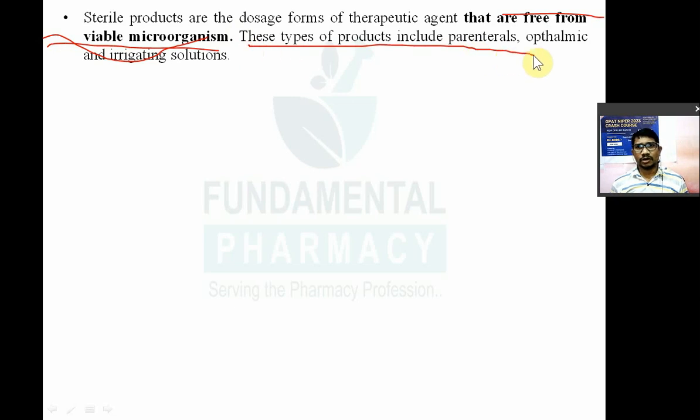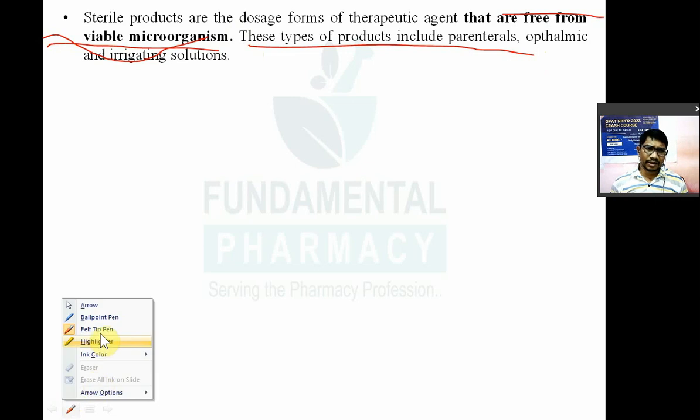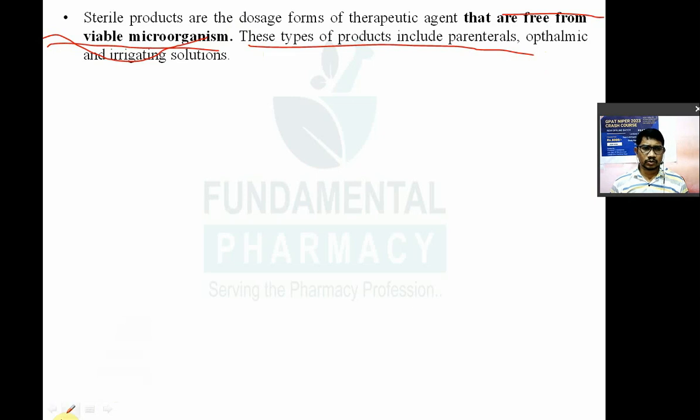These products include parenteral products, ophthalmic products and irrigating solutions. ठीक है, तो स्टेराइल प्रोडक्ट में आपका पेरेंटल प्रोडक्ट आता है, पेरेंटल मतलब इंजेक्टेबल्स, फिर ऑप्थैल्मिक आता है, ऑप्थैल्मिक मींस दोस प्रोडक्ट यूज्ड इन द आई, जैसे आई ड्रॉप्स, और इरिगेटिंग सॉल्यूशंस.